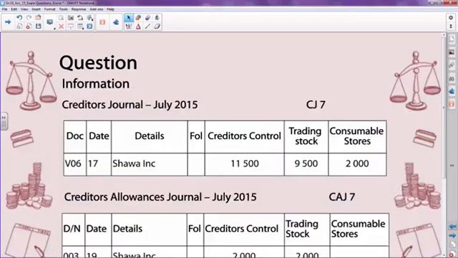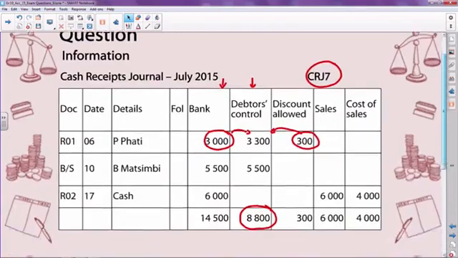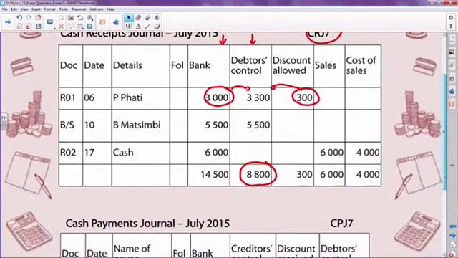Now let's go look at my next column in my CRJ. Sorry guys, we need to flip a bit. So therefore I'm going to do sales and cost of sales together. If you go and look at your sales and cost of sales, both nominals, again, sales going up, we've sold more, we received more money, sales going up, cost of sales therefore also going up, and hopefully you know what side each of these go up.